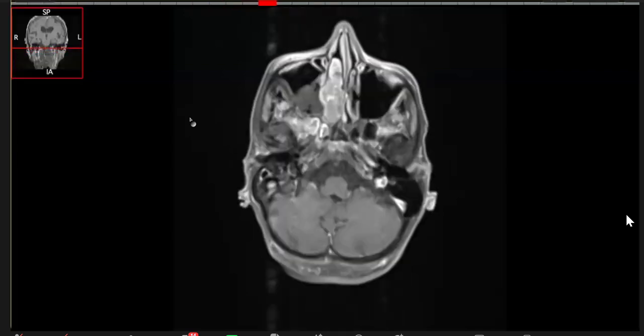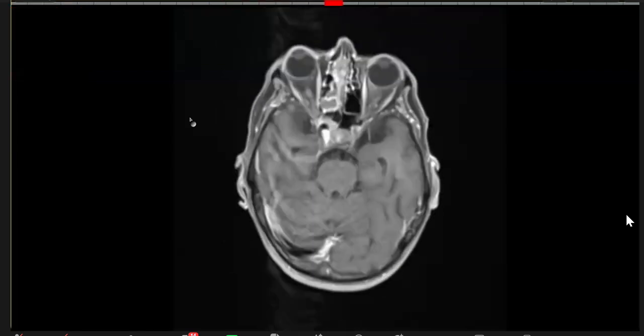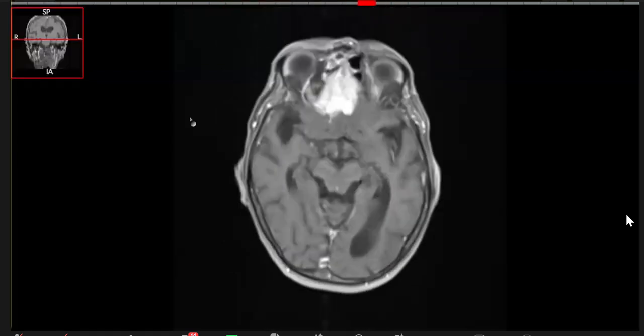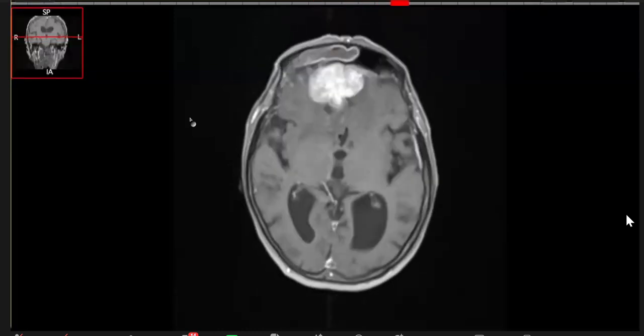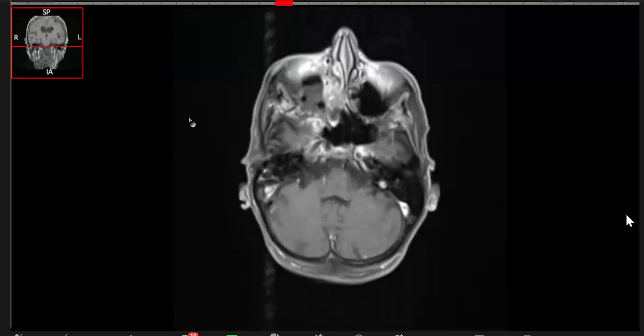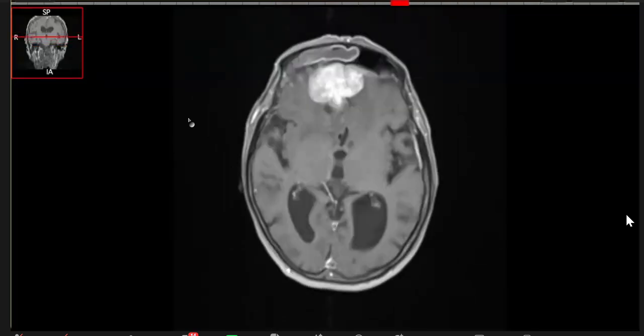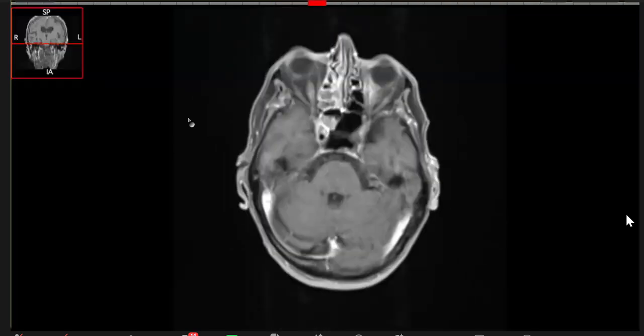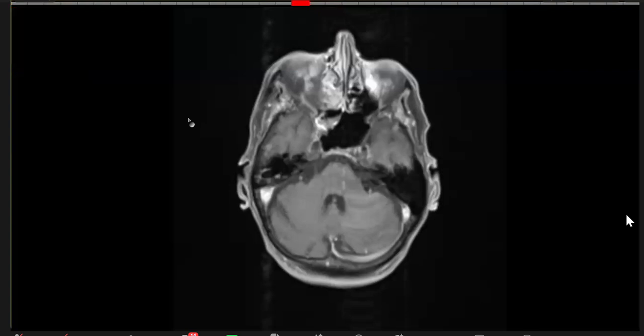This mass is markedly enhancing and entering into the anterior cranial fossa with meningeal thickening. Okay, so your final conclusion? Esthesioneuroblastoma. Excellent, well done.